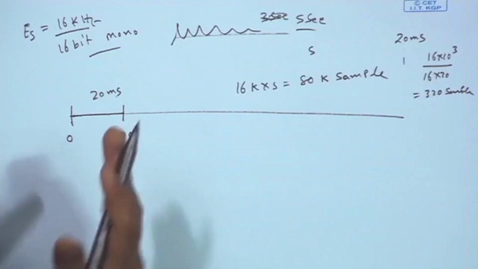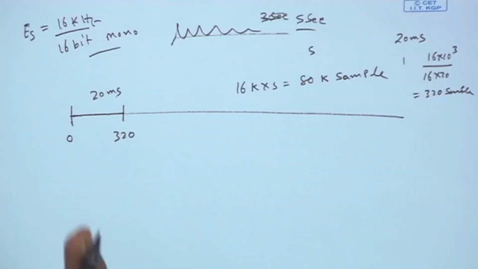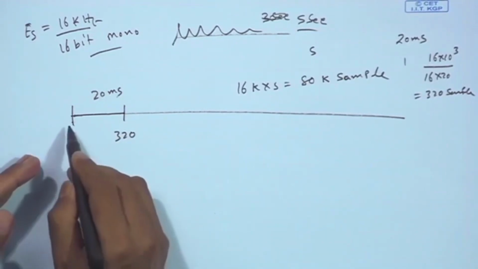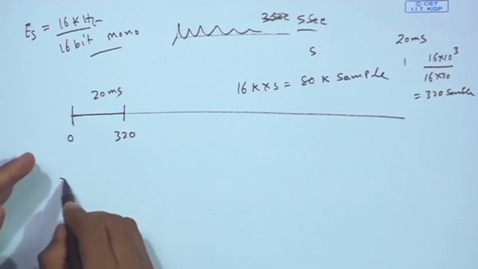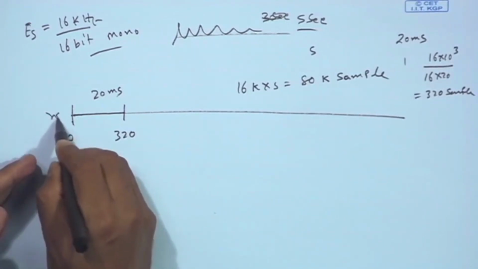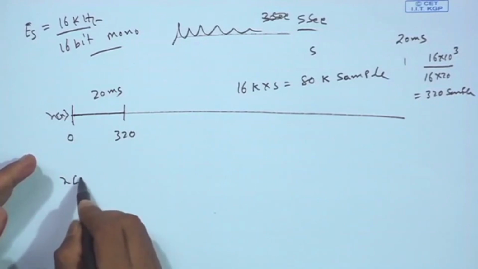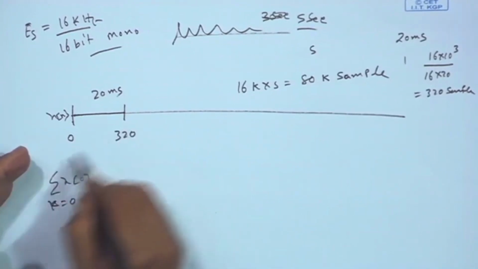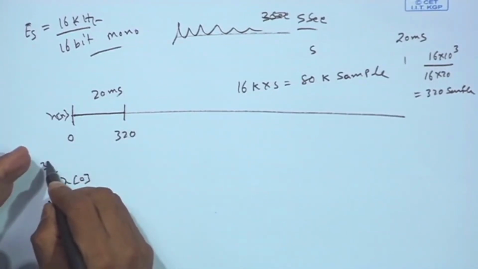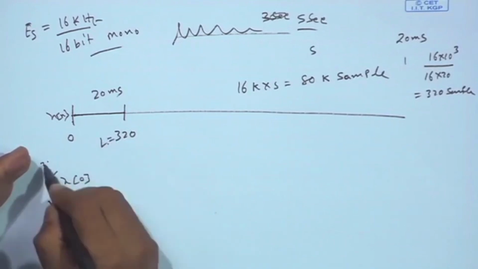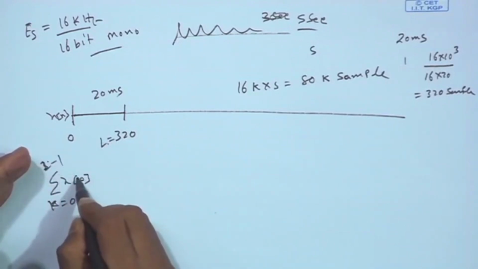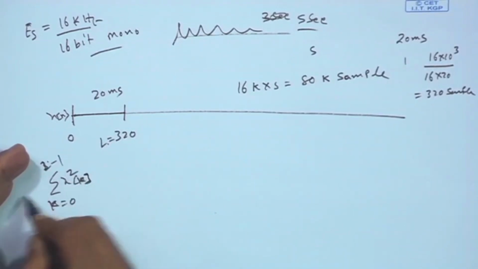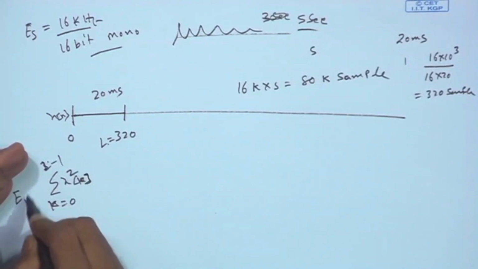Since I am multiplying by a window function with amplitude 1, I take every sample. So, let us take x of n. I take the sum for k equal to 0 to L minus 1, where L is equal to 320, of x square of k, equal to E 1.